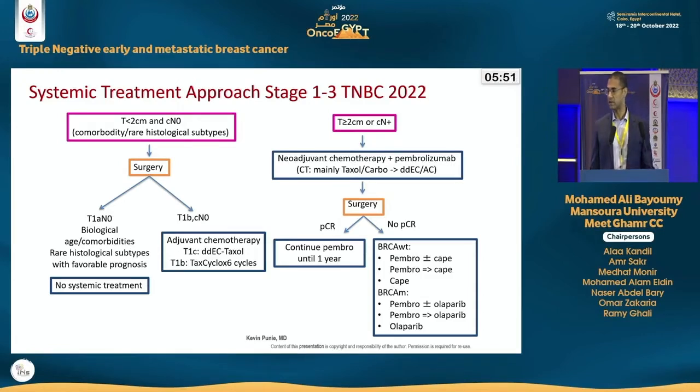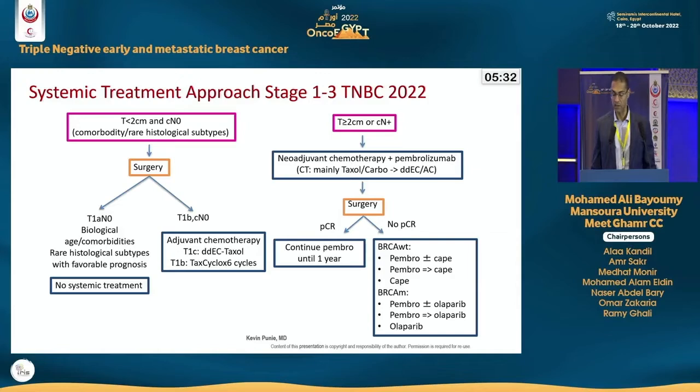Regarding the BRCA wild type, you have two options: either to give capecitabine, or, if you offered the patients IO in the neoadjuvant setting, I think you must continue 1 year of pembro, plus or minus capecitabine, or pembro then capecitabine. We have many questions regarding this point.